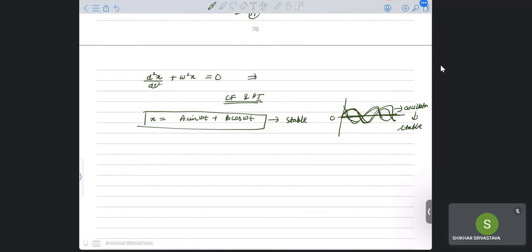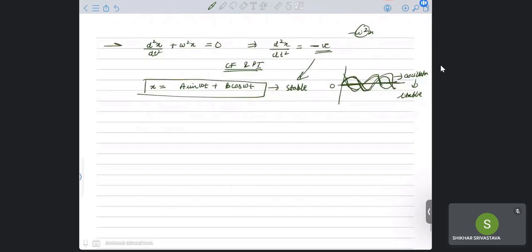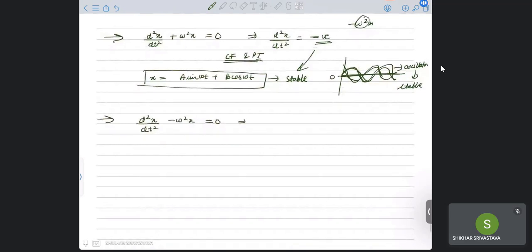In simple words, when d2x by dt square is equal to minus omega square x, omega square is always positive, so when it is negative, you will get stable solutions. This is one thing. Second thing, you remember the opposite: when d2x by dt square minus omega square x is equal to 0, that is when your d2x by dt square is positive.